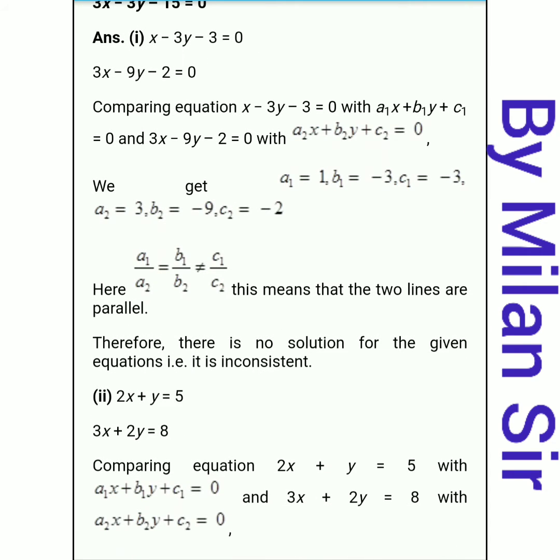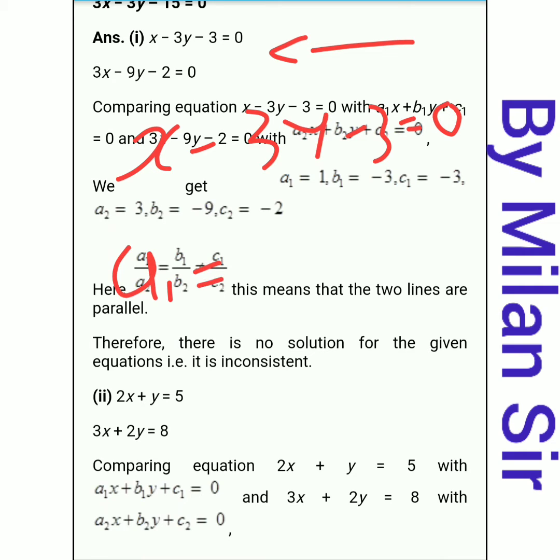Here two equations are given. x minus 3y minus 3 is equal to 0. This is our first equation. Now for checking whether there is a unique solution, no solution or infinitely many solutions, we just need to find a1, b1, c1, a2, b2, c2, right?